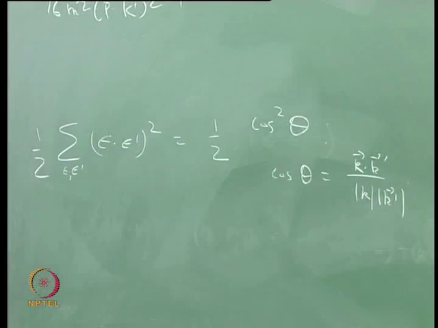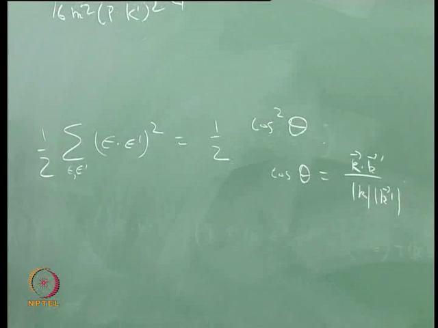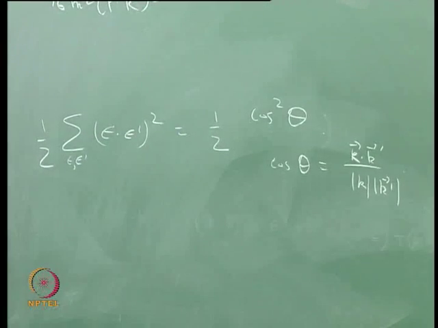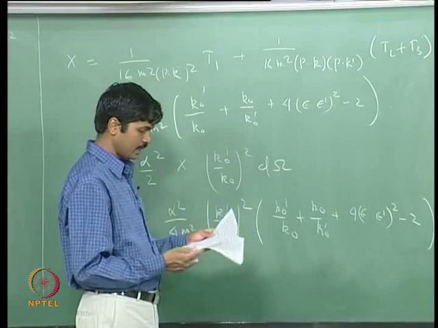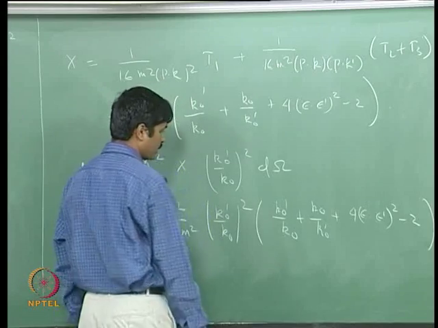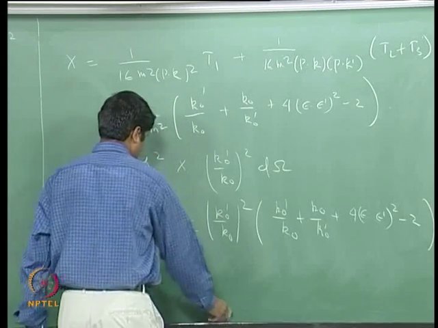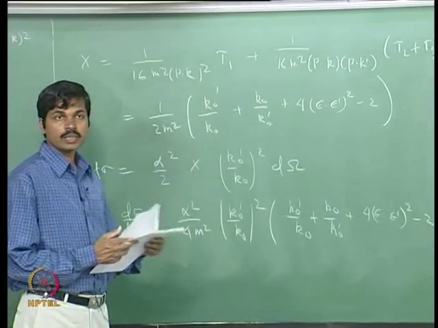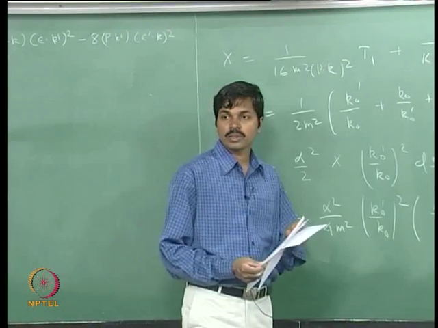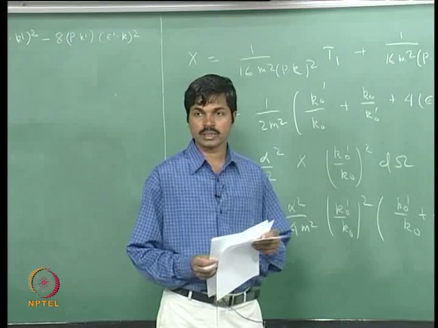It is the angle between the initial and the final photon. You can show this, and you can substitute it in the expression for the differential scattering cross section, and find the scattering cross section when the electron as well as the photon are unpolarized. All right.